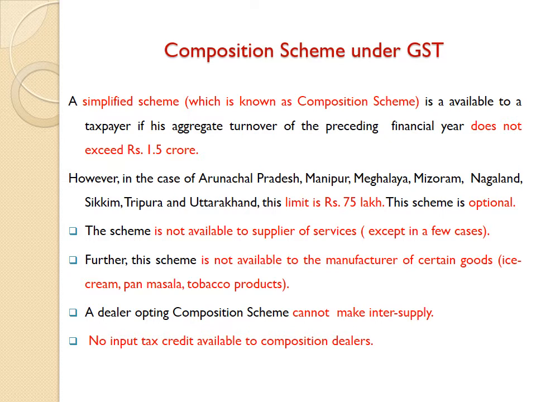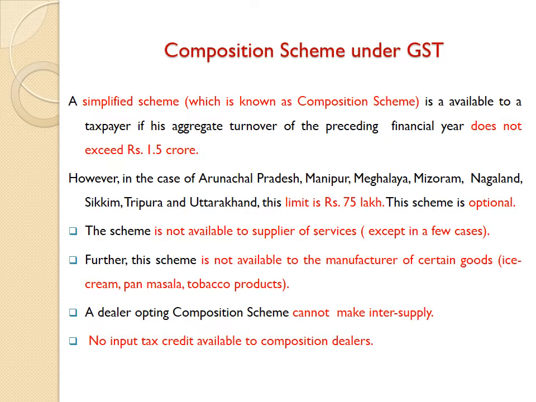But the scheme is not available to suppliers of services except in a few cases. Generally, this scheme is available for goods and to services to some extent. Further, the scheme is not available to manufacturers of certain goods such as ice cream, pan masala and tobacco products.